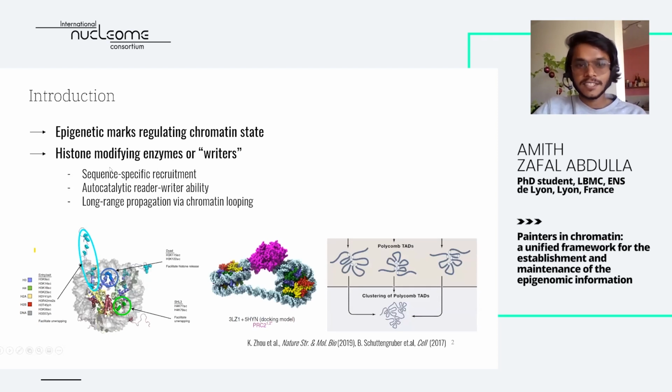So epigenetic marks regulate chromatin state, and we can have a host of different epigenetic marks on histones. These marks, or modifications, are brought in by histone modifying enzymes. The molecular machinery that brings in these modifications is quite diverse and complex and varies from species to species.